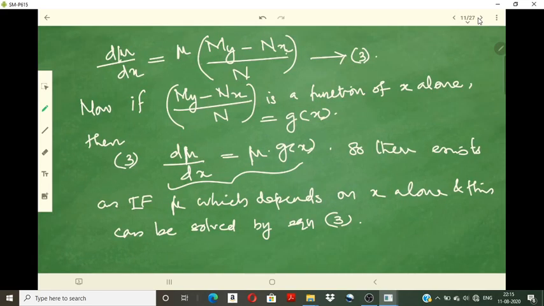Now this is the case when the difference (M_y minus N_x)/N is a function of x alone.